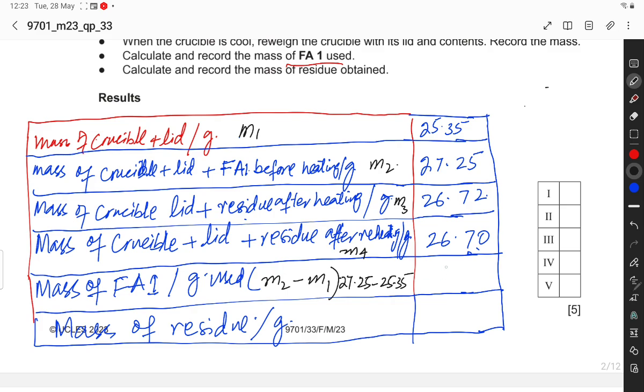This is equal to 1.9, and mass of residue is equal to M4 minus M1.